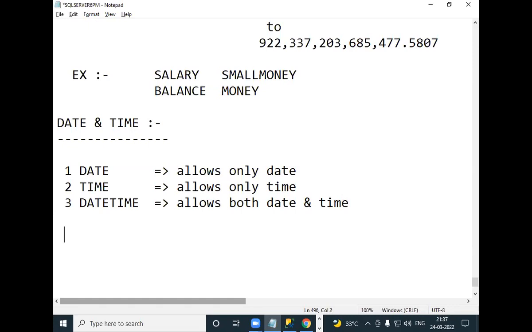If you want to store only the date, use date. If you want to store only the time, use time. If you want to store date and time, then use datetime.